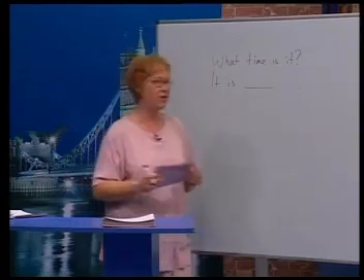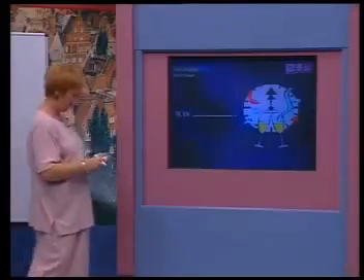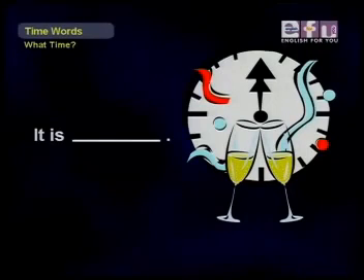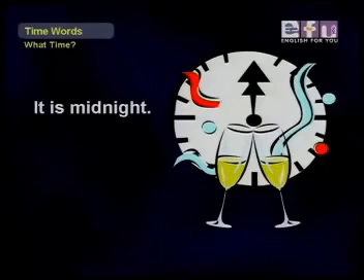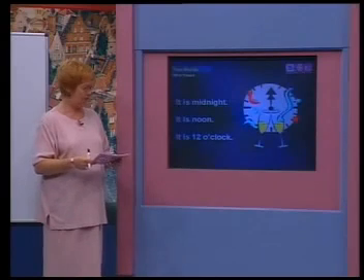So now we're going to practice with our assistants. And we'll start with Ali. So, Ali, what time is it? I want you to say the time all the ways that you can. It's midnight. Okay. It's noon. It's 12 o'clock. Good job.